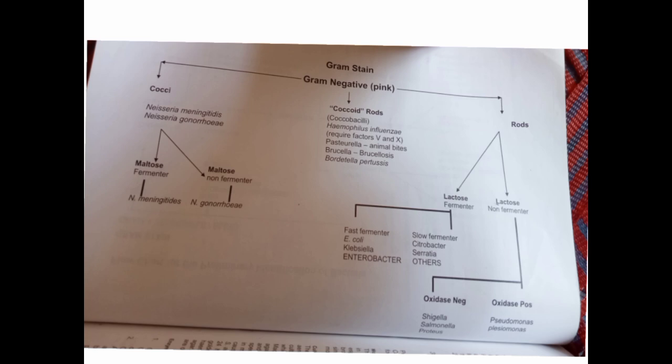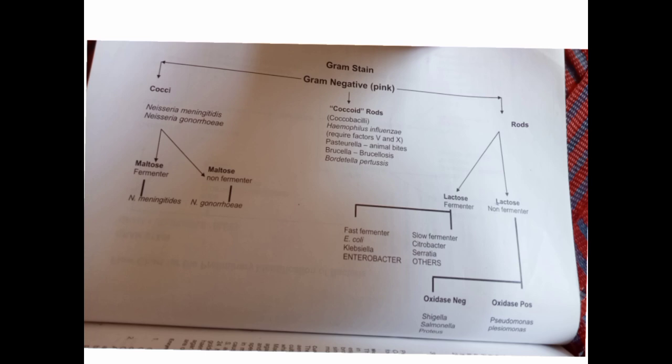The gram-negative cocci are further divided into two species: Neisseria meningitidis and Neisseria gonorrhoeae. These two species are differentiated on the basis of maltose fermentation. Neisseria meningitidis is a maltose fermenter, while Neisseria gonorrhoeae is a non-maltose fermenter.